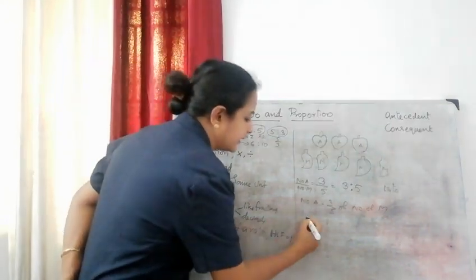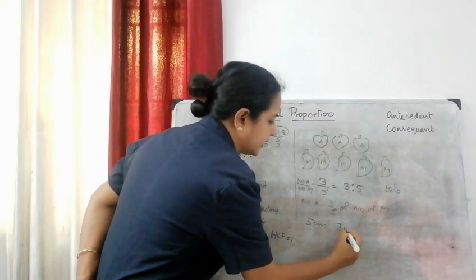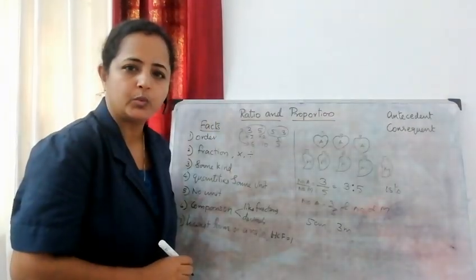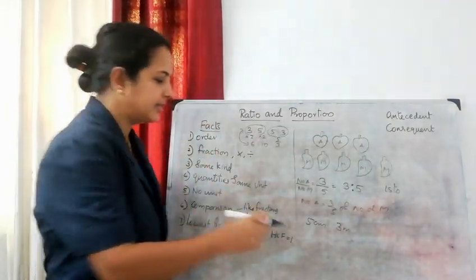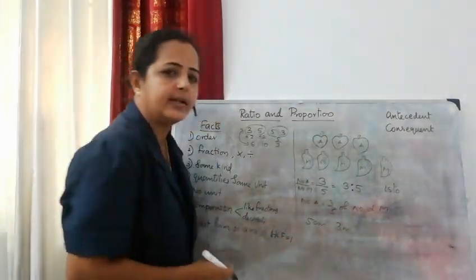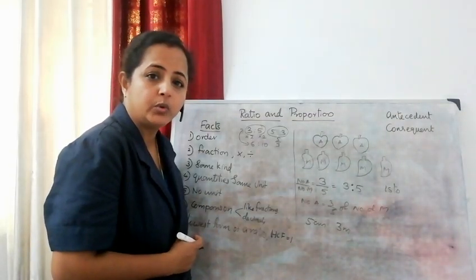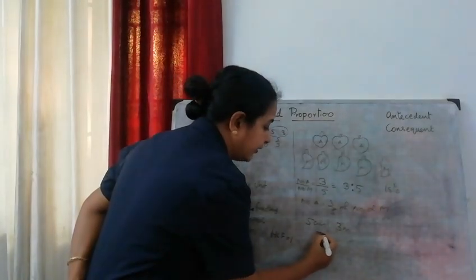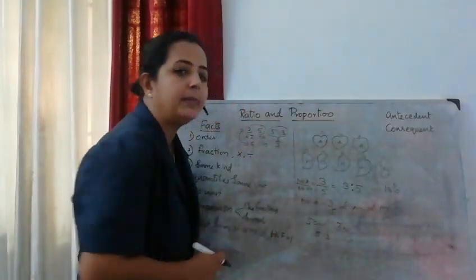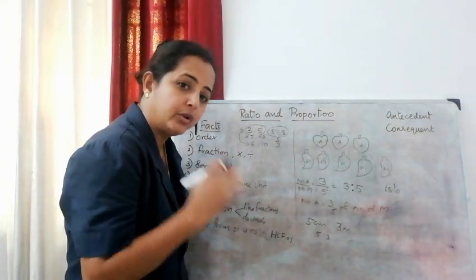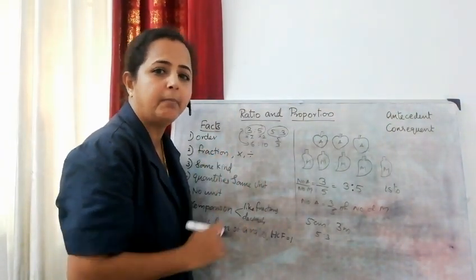Say one is 5 centimeter and another is 3 meter: the height of a plant is 5 centimeter and the height of another plant is 3 meter. Then how to compare these two? We cannot write 5:3 because one is in centimeter and the other is in meter. Both of them should be converted into centimeter, or both written in meter.